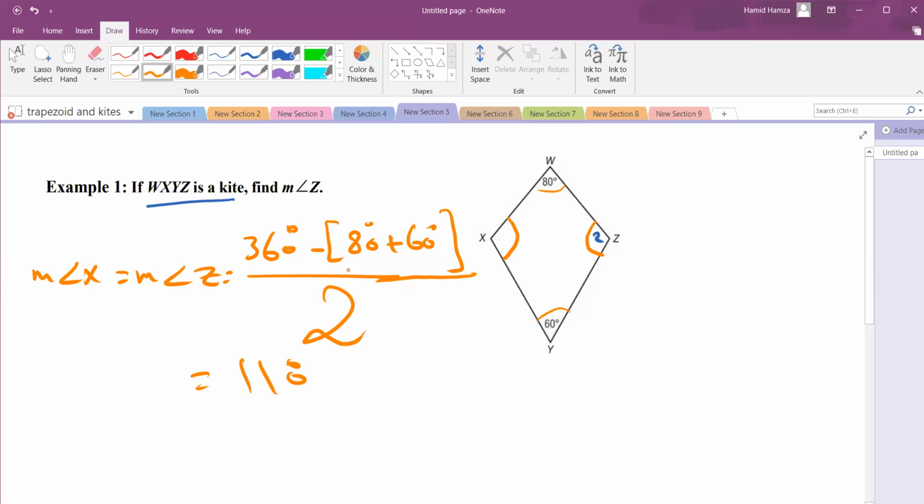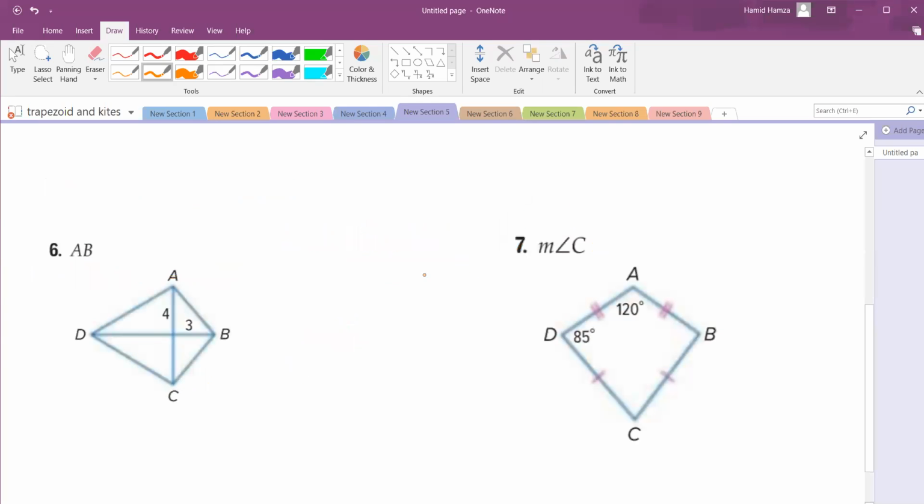Yeah, it's very easy. So if one of the congruent angles in a kite is missing, you can find it easily by subtracting 360 minus the sum of the other two angles, then dividing the answer by 2. So this is 110 and this is 110. Okay, guys.